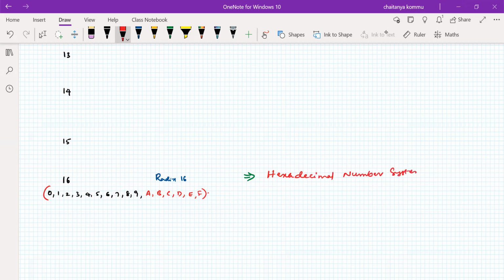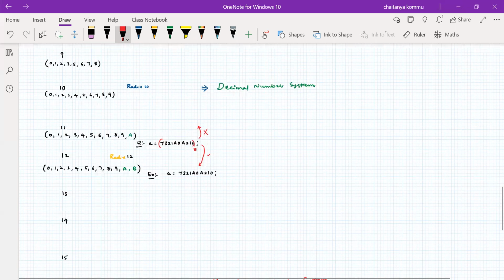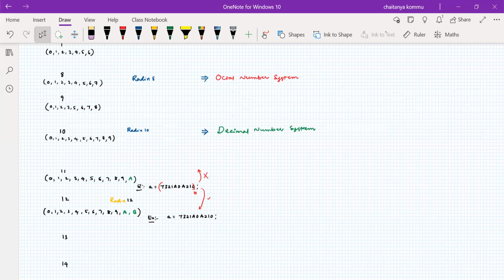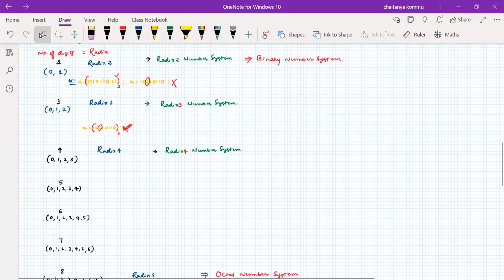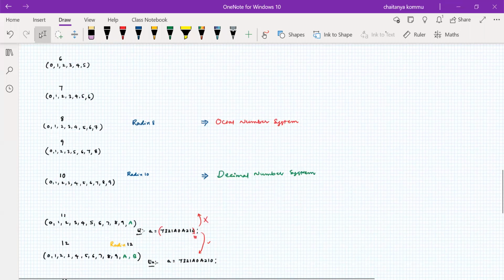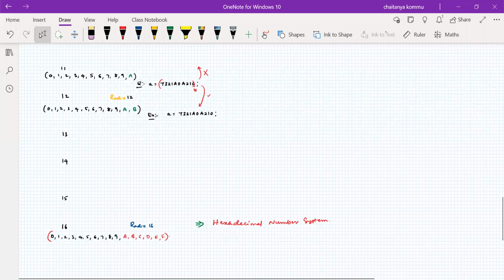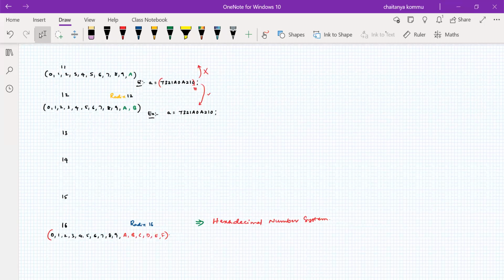So therefore, you can understand that the Radix number can be anything, but the important number systems that we play with are the binary number system, next the octal number system, the decimal number system, and the hexadecimal number system. If I ask you the question, how many digits do we have to use in the decimal number system or Radix 10 number system?